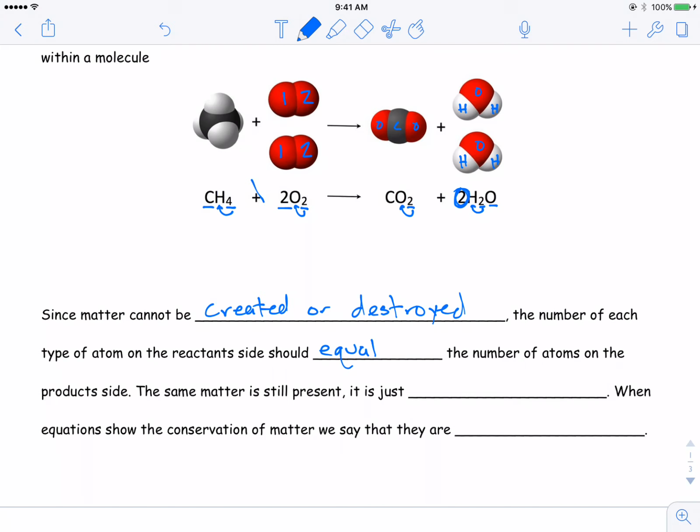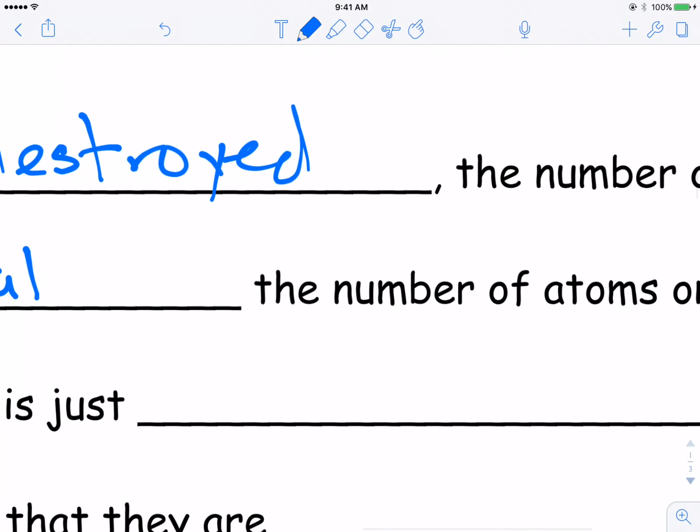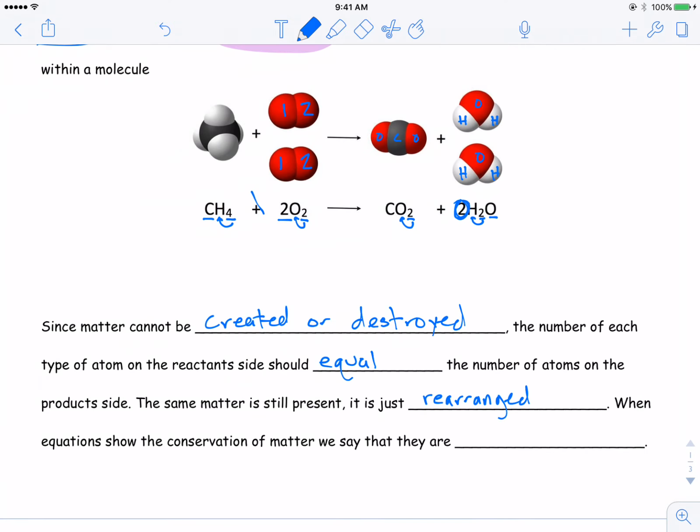Right, so since nothing can be created or destroyed, the number of atoms you have on the reactant side and the number you have on the product side should be equal. The same matter is still present, it's just rearranged. So nothing goes away, but it does rearrange.